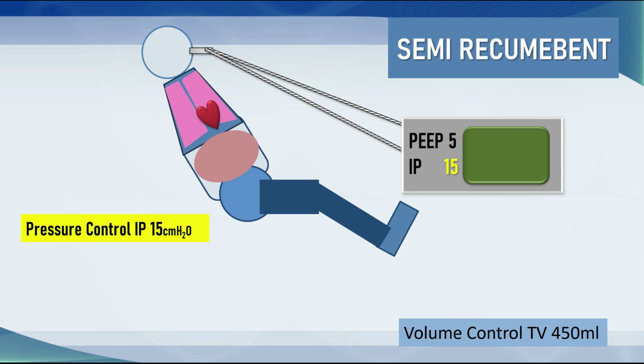In the typical semi-recumbent position that we nurse patients in the ICU, there is slightly more abdominal compression of the thorax and slightly more cardiac compression because the heart compresses backwards, resulting in a fall in the tidal volume to 450 mils. So that's quite a substantial drop in the tidal volume just lying the patient in the semi-recumbent position.